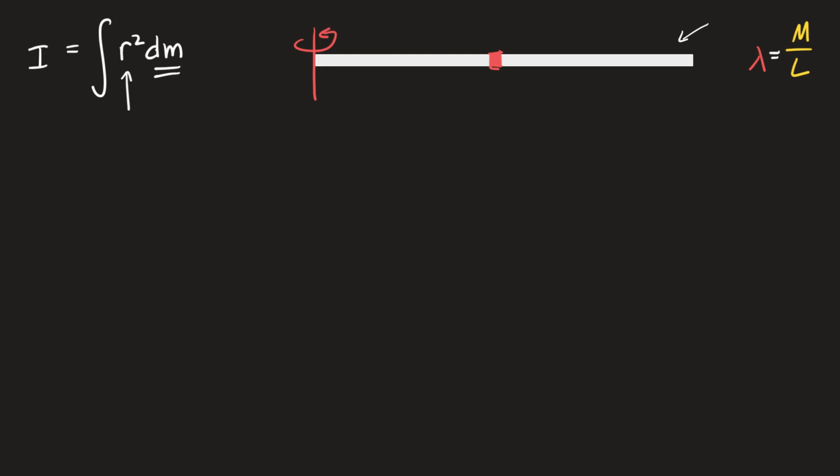Now, once I've identified that square, I'm going to label it, because this square represents one piece of the object's mass, and therefore it has mass dm. dm stands for a piece of mass. It's not much different than saying delta m, where delta m would be a part of an object. This dm takes that to the literal sense of an infinitesimally small piece.